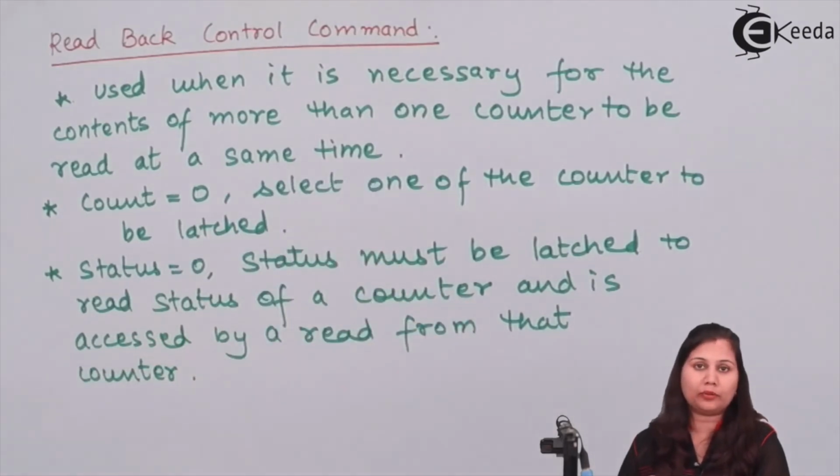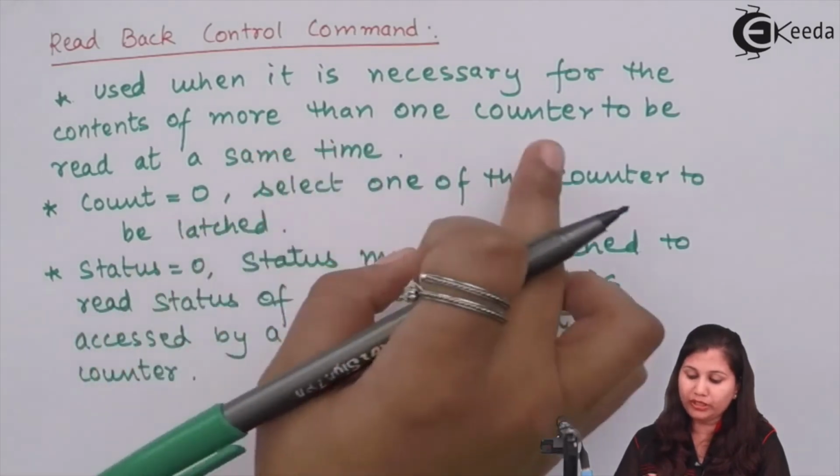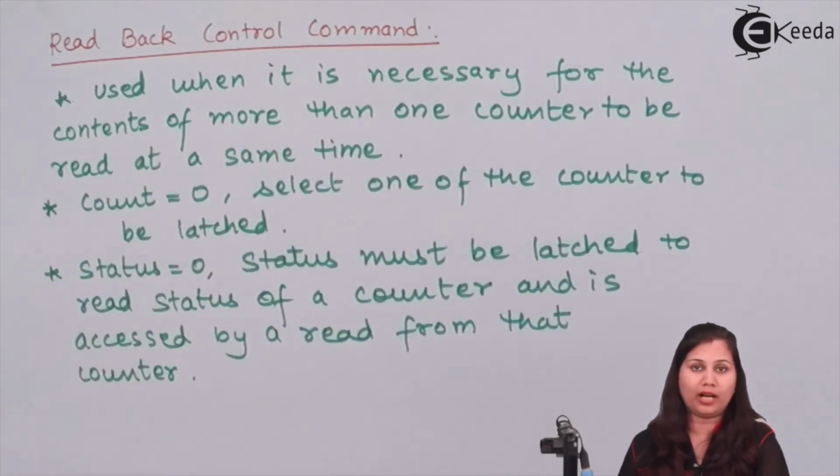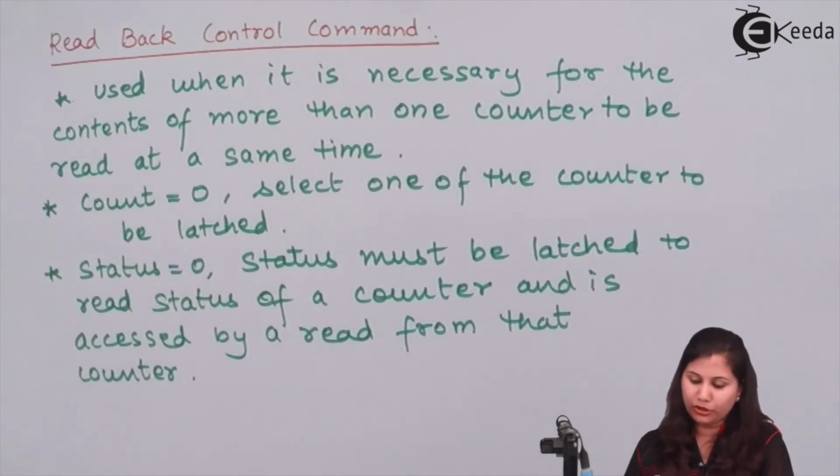So when the microprocessor wants to read the contents of more than one counter at the same time, this read back control command is used.